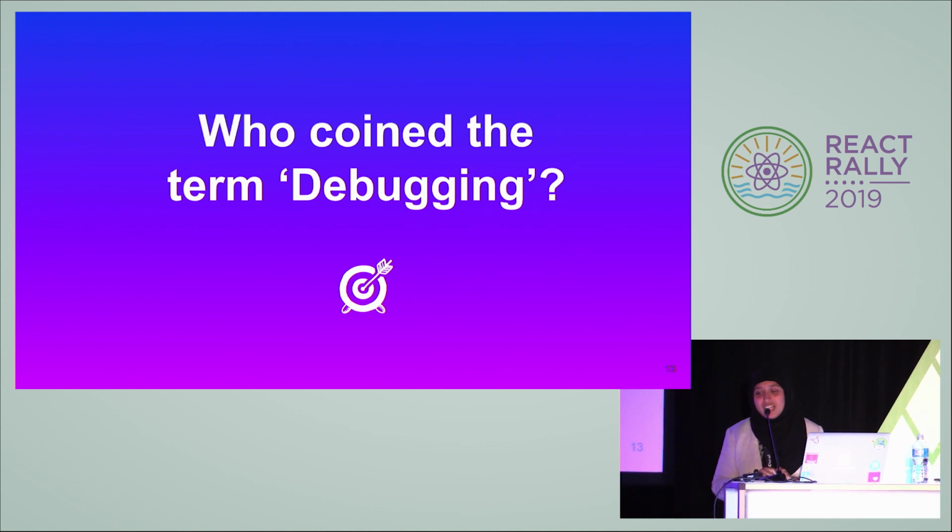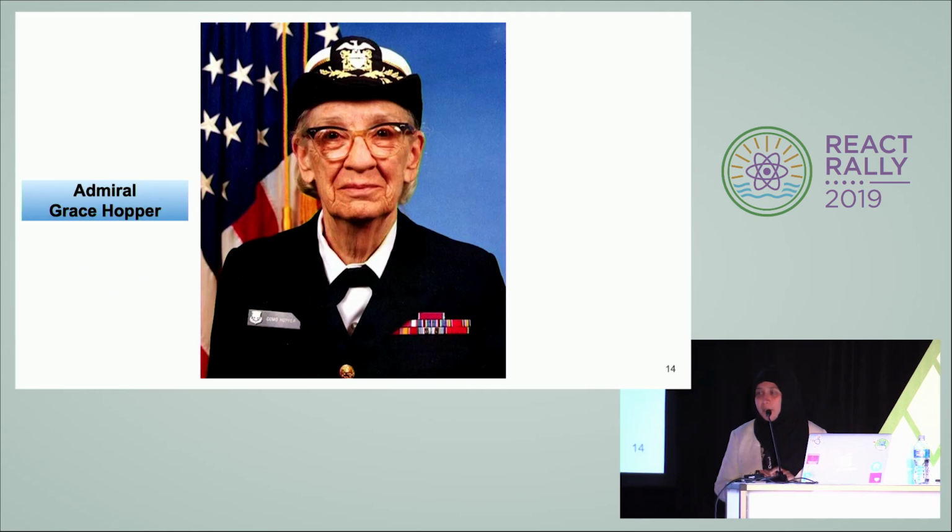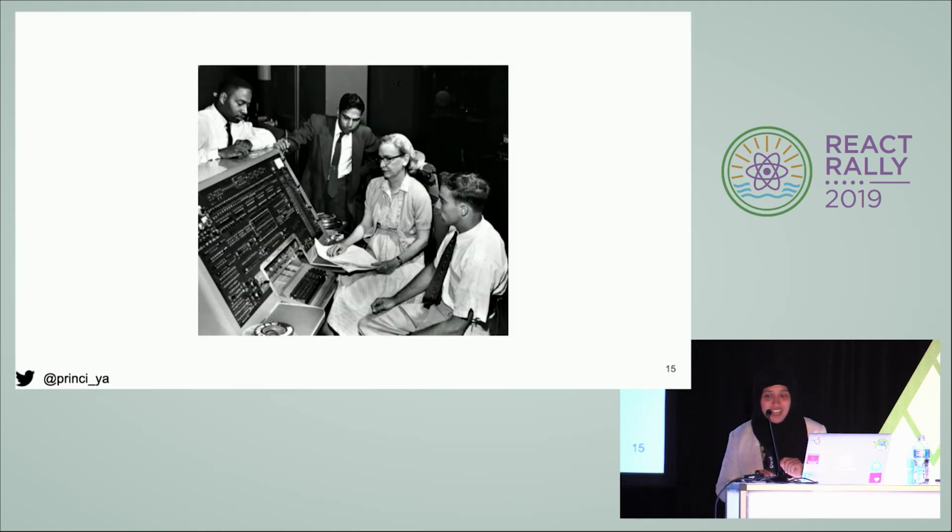So, who do you think coined the term debugging? Right, it was Grace Hopper. But do you know why and how? There was a bug, because back then, when she was working at Harvard, and you can imagine the size of the computers occupying at least half the size of the room, it was sometimes evident that these tiny little intruders got into the inner workings of the system.